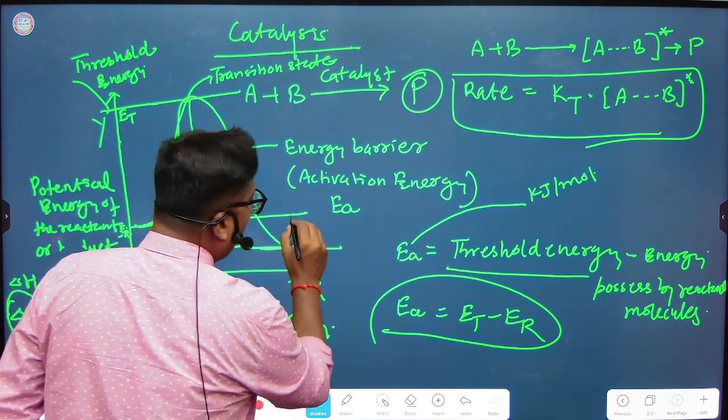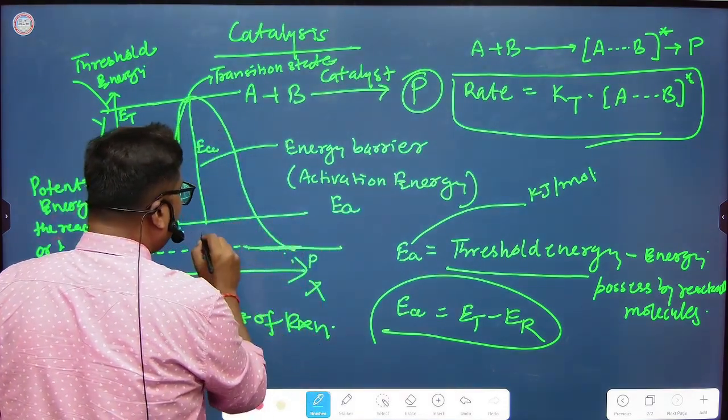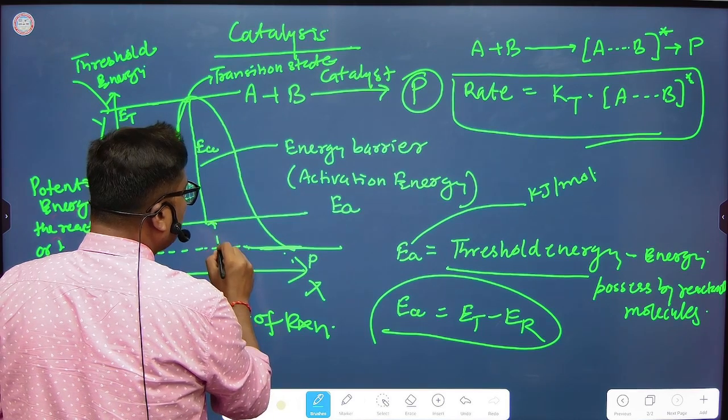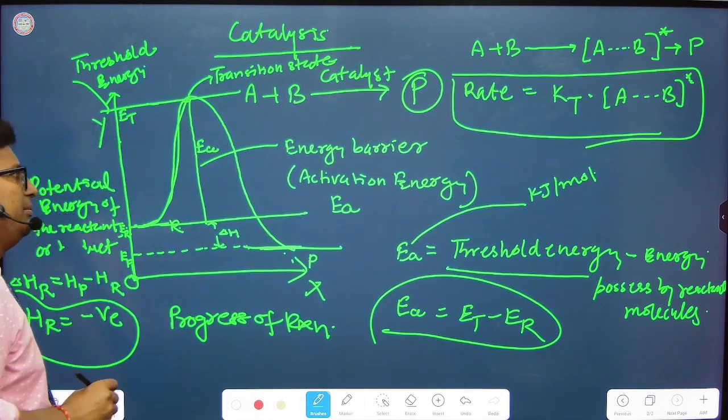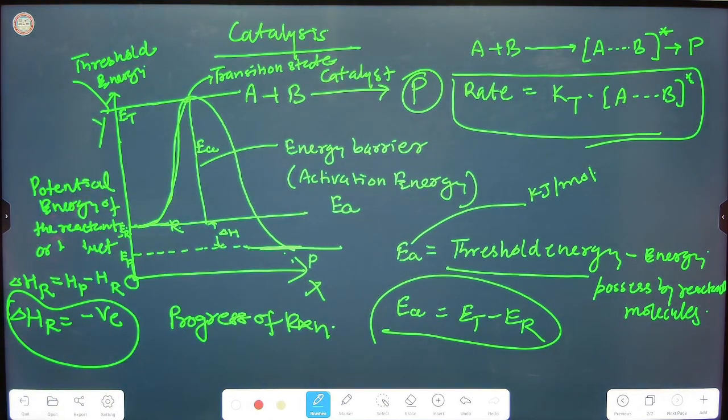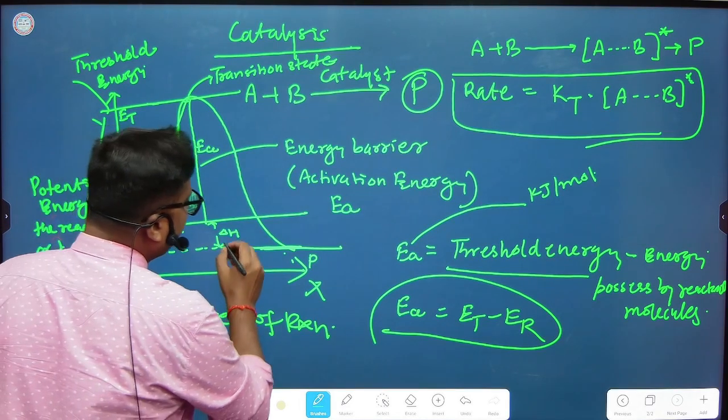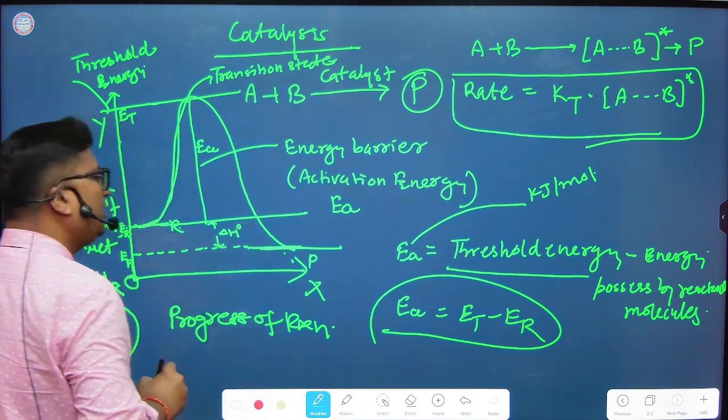So you can simply say, from this level to this level, this is delta H. If this reaction occurs at standard state, then this will be delta H naught, right?